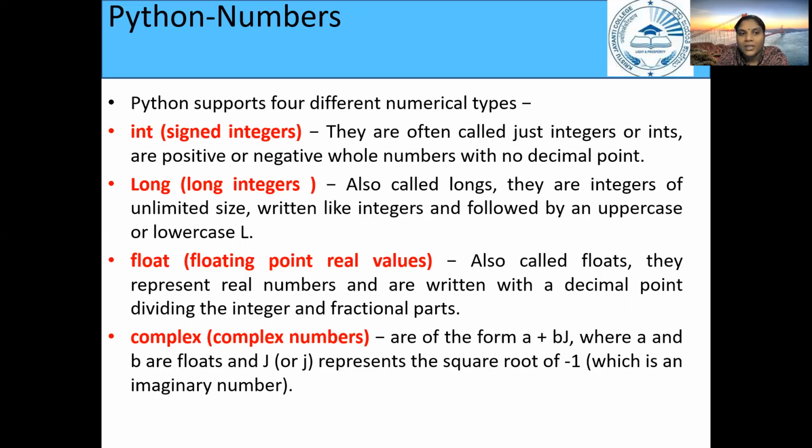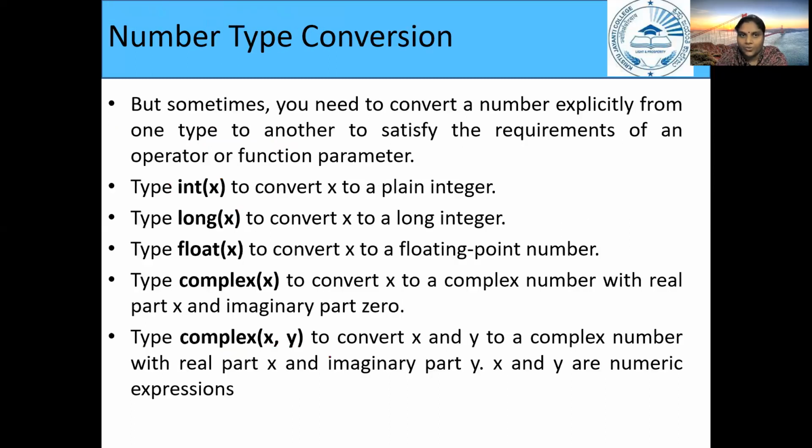Otherwise, we'll be using only integers and float values. Next, if I want to convert an integer value to float, or long into int and float to int, these are all the conversions available. Say if I give int(x), that means any number which is entered is going to be converted into an integer.